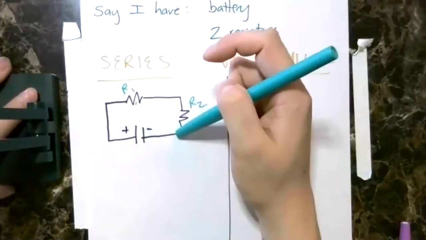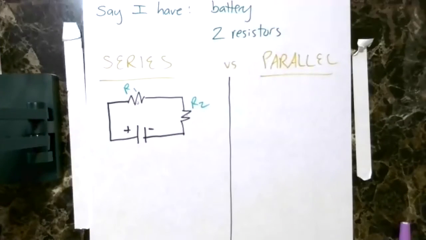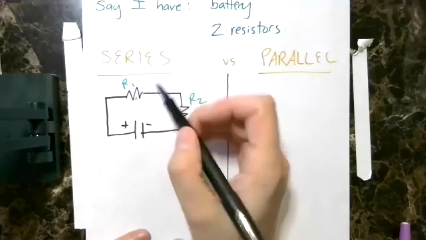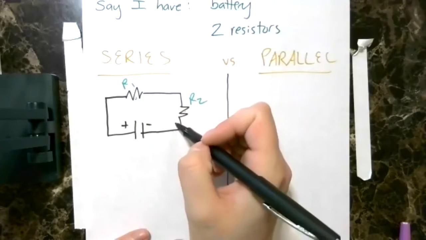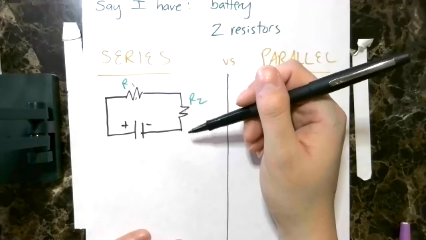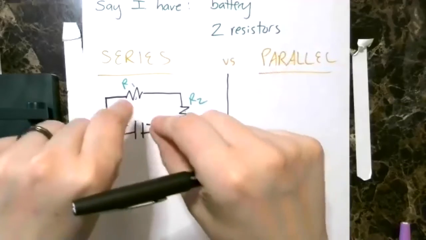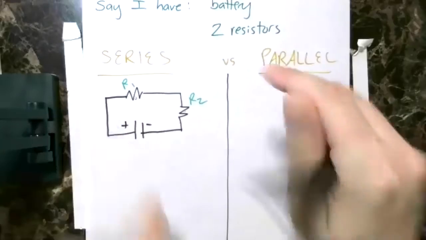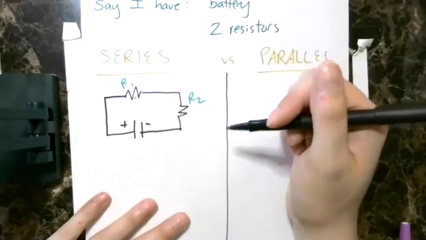This is in series. I do want to draw another way to represent this. At first you might think, oh, that's not series because they're on different sides of the wire. But again, imagine unraveling this, they'd still be next to each other.